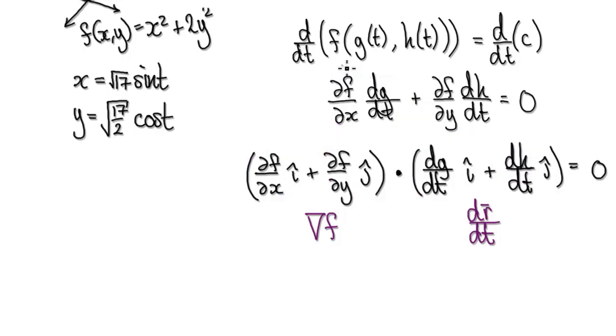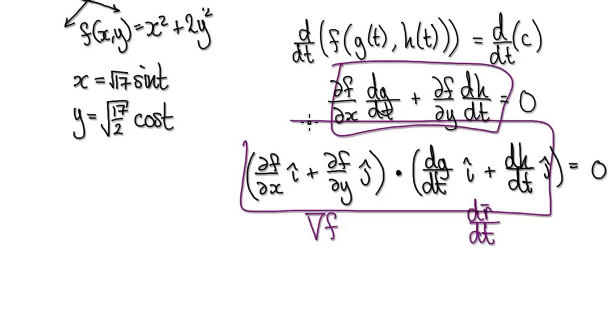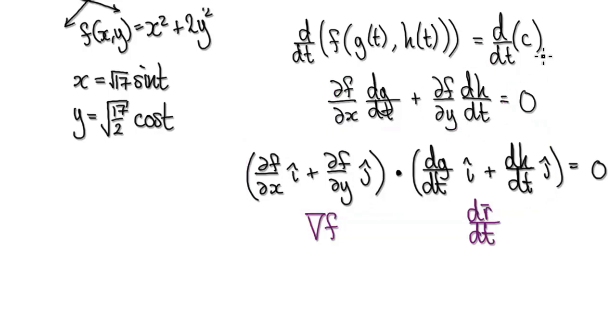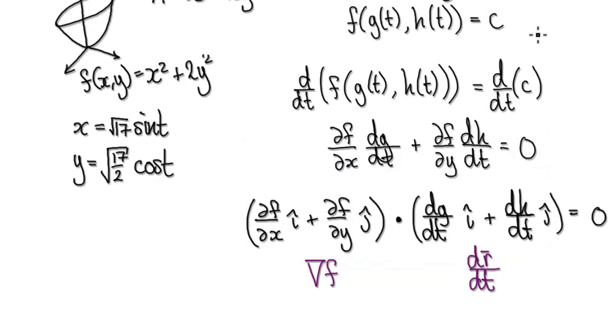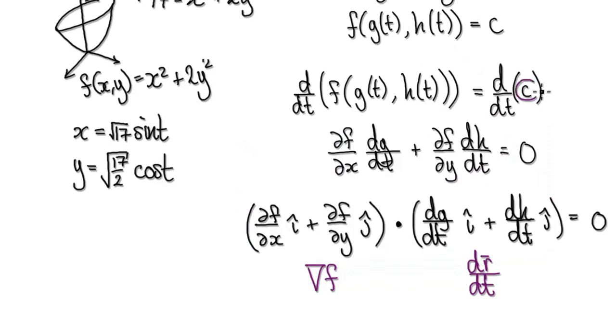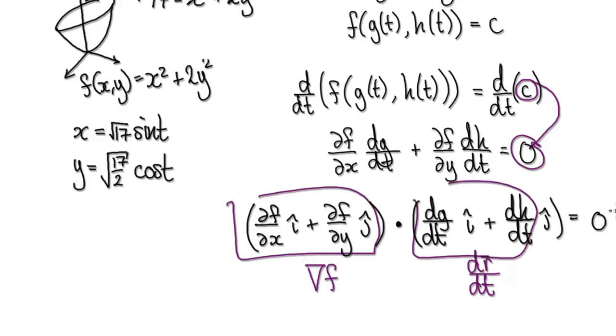So you can rewrite the whole thing as this thing here. And when you differentiate a constant, it will give you 0. If you're taking the dot product of two vectors and it equals 0, then you must know that they must be at 90 degrees to each other.